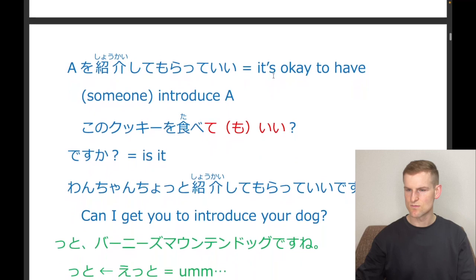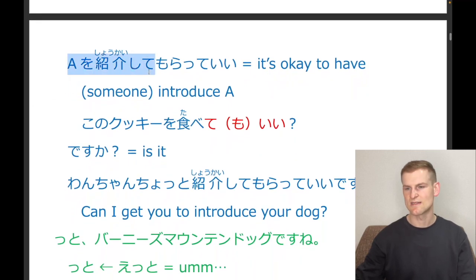And putting more of that together, を紹介してもらっていい. Okay, so this is, it's okay to have someone introduce. Now we have もらって, so you have 紹介して, which is the te form, followed by another te form, もらって, followed by いい. And what you're saying with this te form plus いい is, it's okay to do something.